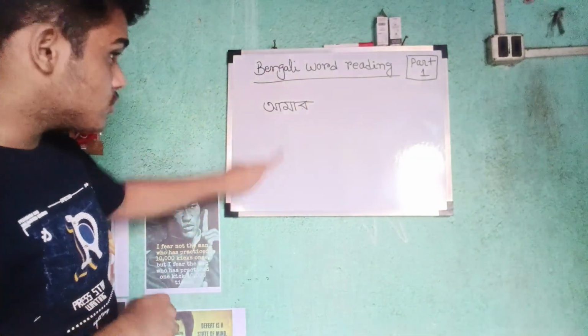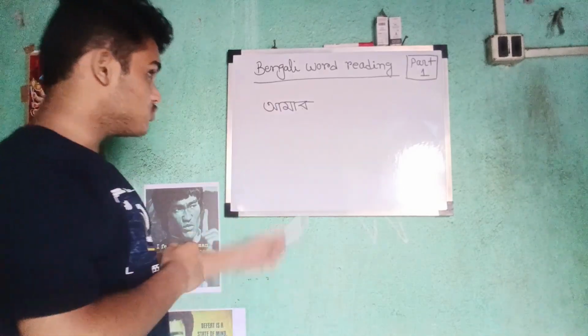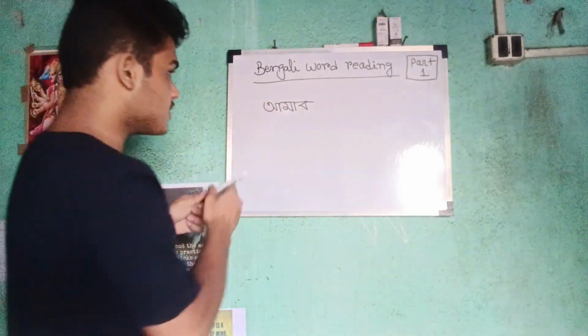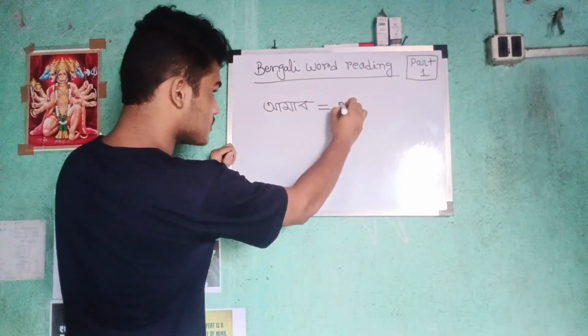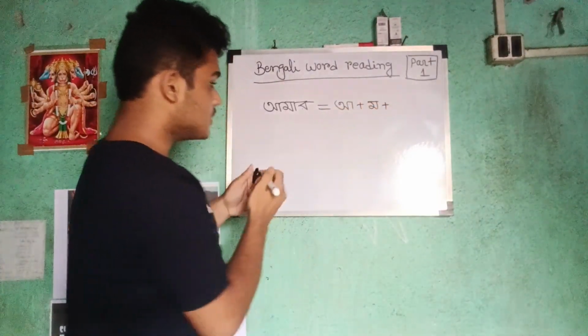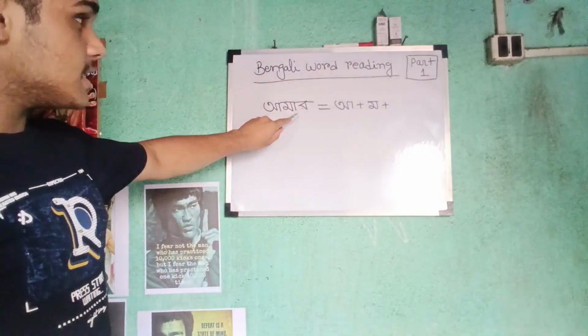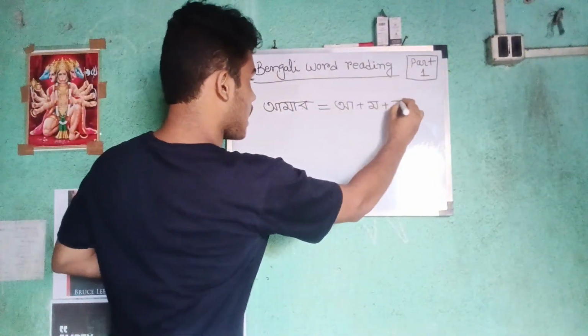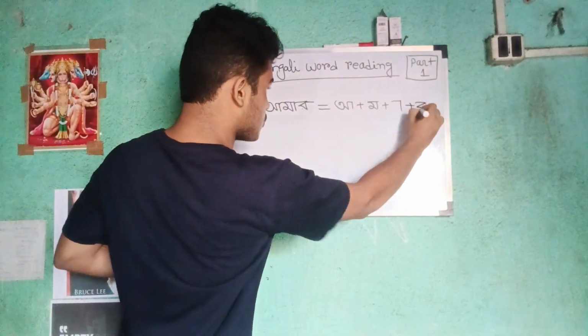So what is this? First, try yourself to read this. This is a, then mo. Okay, you can split it if you have any doubts. Then you can see that this is a vowel sign. So a vowel sign, then ra.